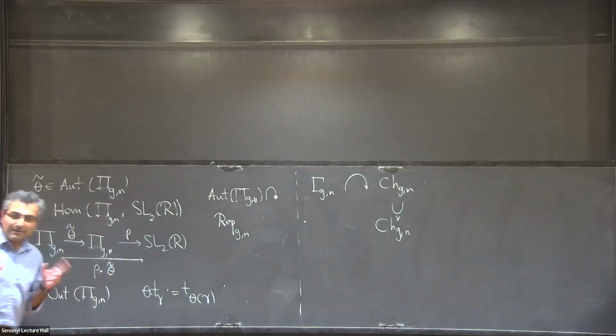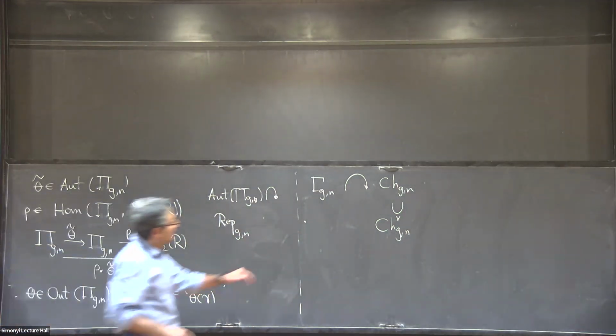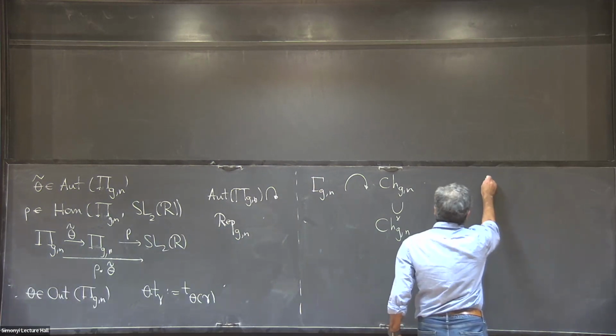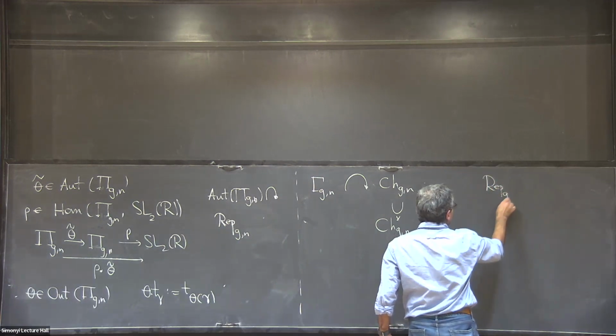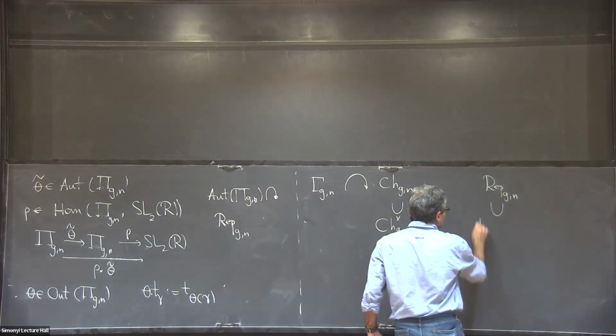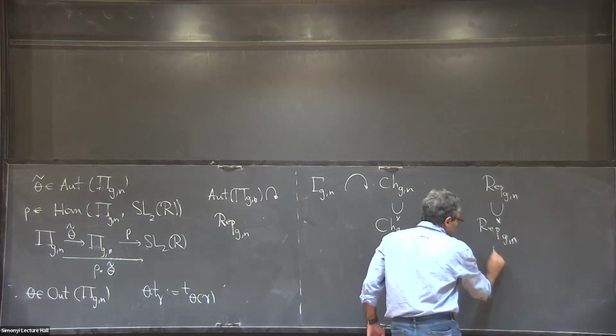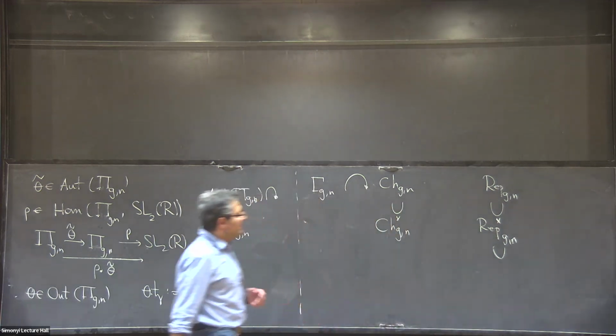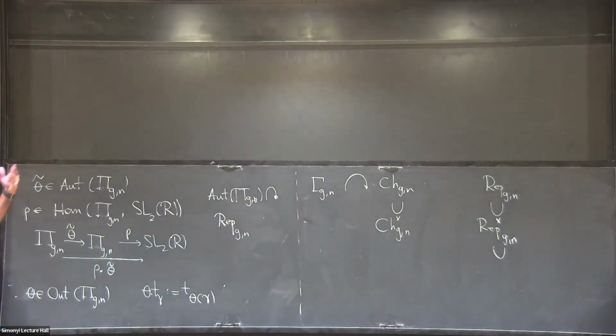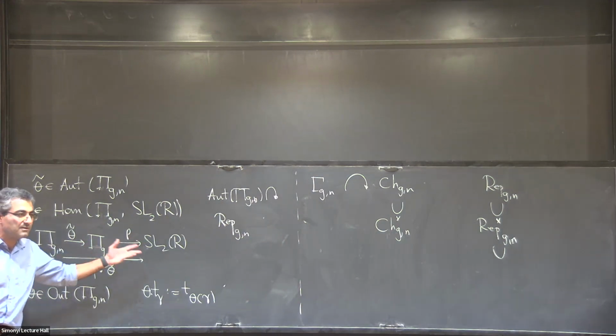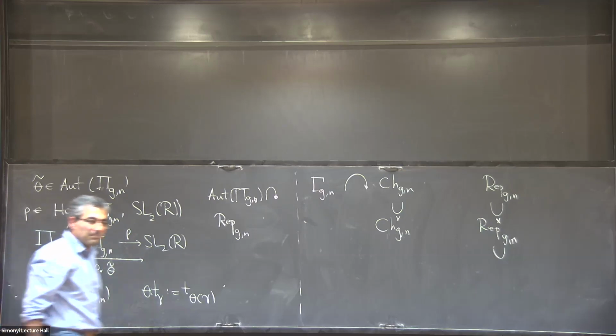If I work on the automorphisms and the rep part, maybe it's rather easier to see. So for instance, if I can define a concept of Zariski closure for the image, and if it is Zariski dense inside SL2, it will remain Zariski dense, because at the end of the day, I'm precomposing. I'm not changing the image of my representation.